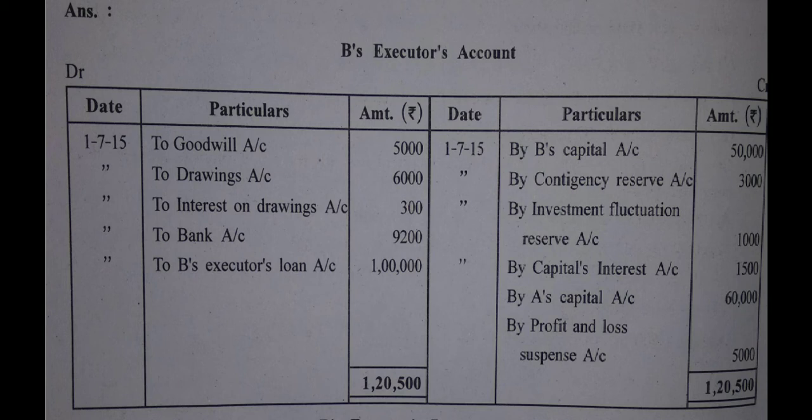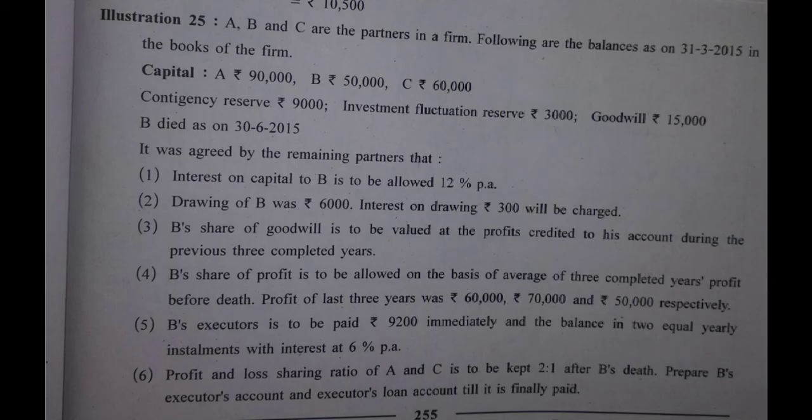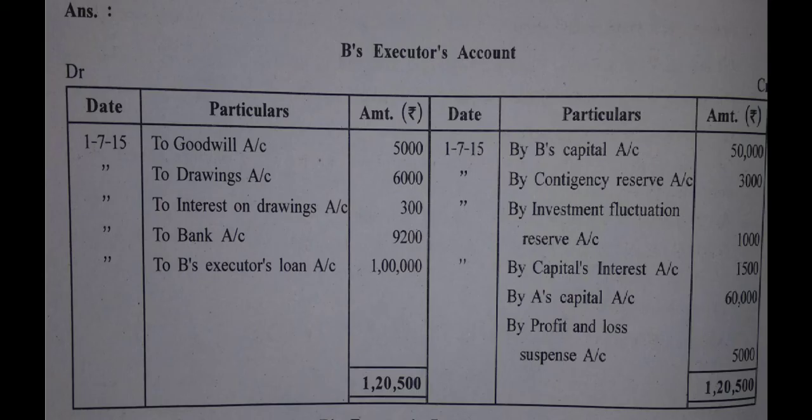Alright, on debit side you can see to drawings account 6,000. Yes, 6,000 is mentioned in your question. Here you can see the second adjustment. Just the way you write down the balance of opening capital on credit side, and here is the executor's account, so you have written by B's capital account on credit side.